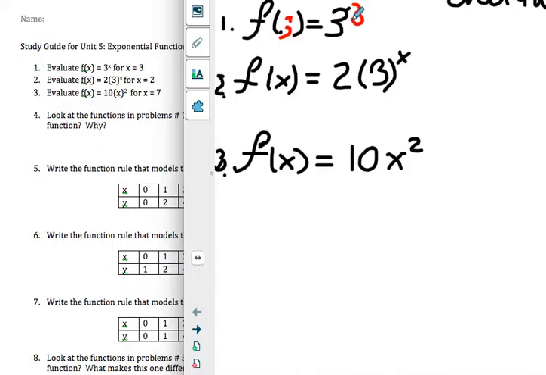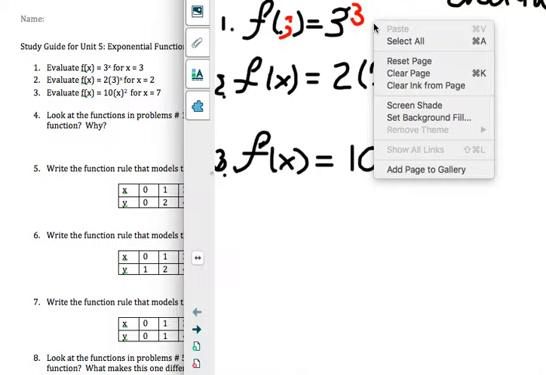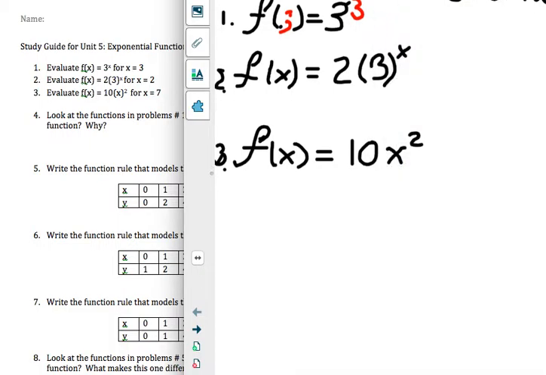So when we evaluate this, f of 3 is going to be 3 cubed, another word for that is 3 times 3 times 3, or 27. So for that first question, f of x is equal to 27.